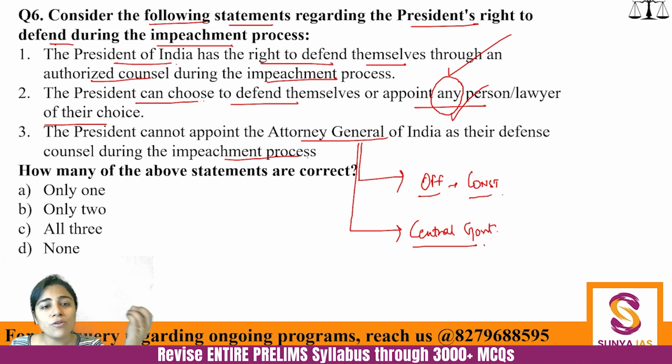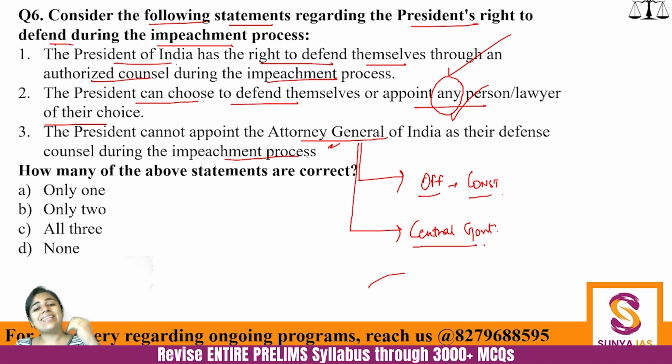So the conditions of service, the salaries, allowances, everything decided by the central government, that is decided by the president. Okay. So Attorney General can defend, and Attorney General is not a full-time job also, in that sense Attorney General is allowed to do private practice also.